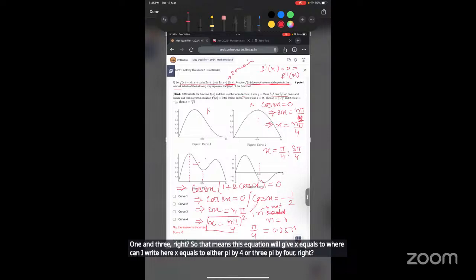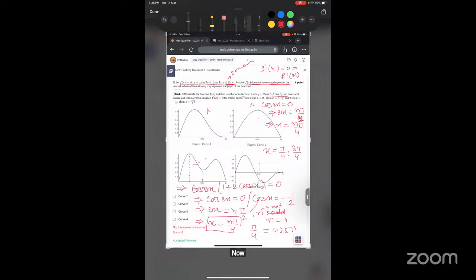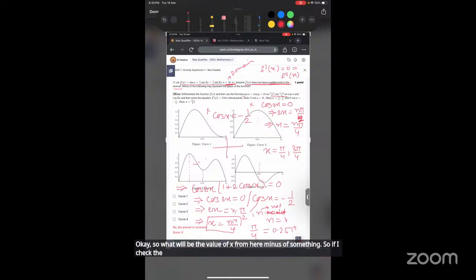Now when we have cos x equals minus half, what will be the value of x from here? Minus of something. If I check the quadrant, this is all, this is sine, this is tan, this is cos, right?